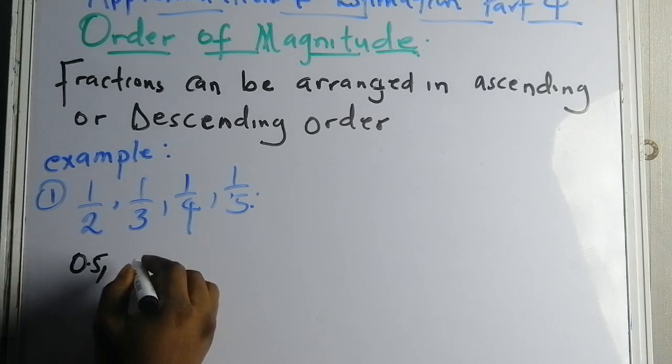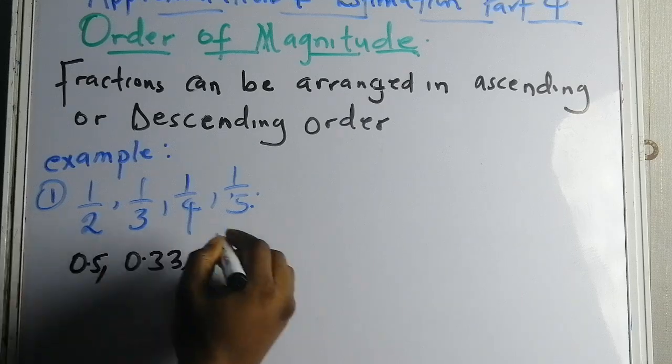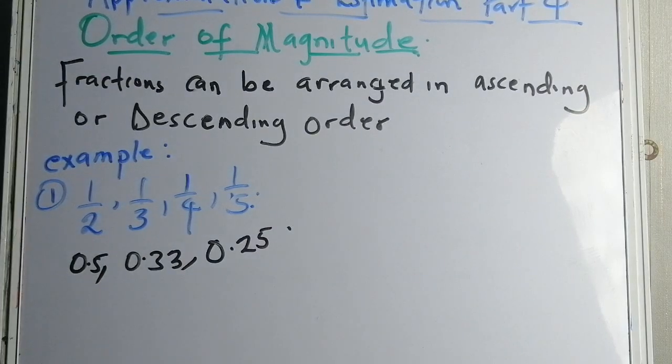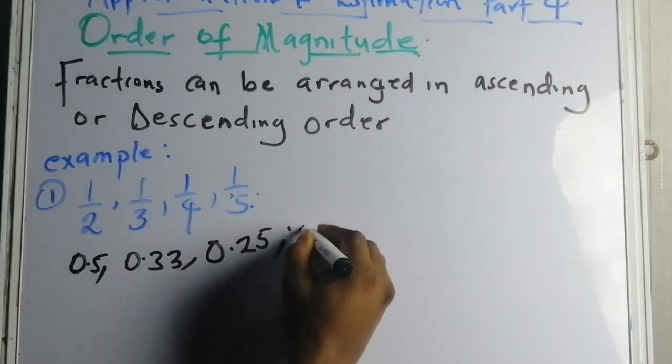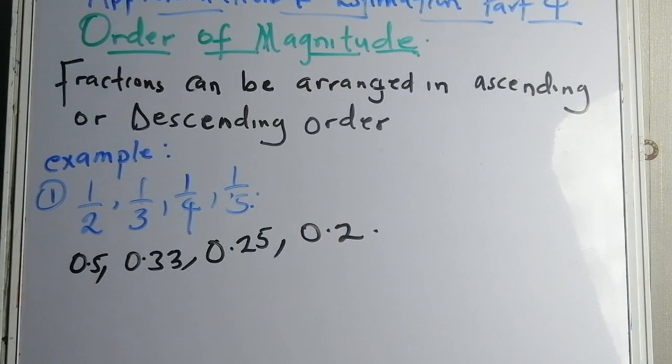If you press your calculator, this one will give you 0.33. This one will give you 0.25, if I'm not mistaken. Then this one will give you 0.2. So now these are the decimal places for these fractions.